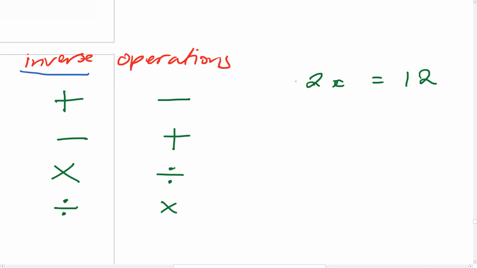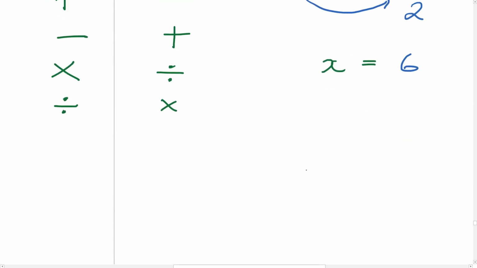So if it's being multiplied by 2 on this side, and I move that 2 over to the other side, the inverse of multiplication is division. So it becomes divided by 2. Solving that, you are left with x equals 12 divided by 2, which is 6. 2 times 6 equals 12, and that makes sense.